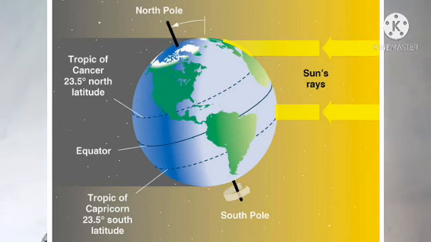And I have also discussed that imaginary lines drawn parallel to the equator are known as parallels of latitude. Now today in this video I will discuss the important features of latitudinal lines. It means parallels of latitude.